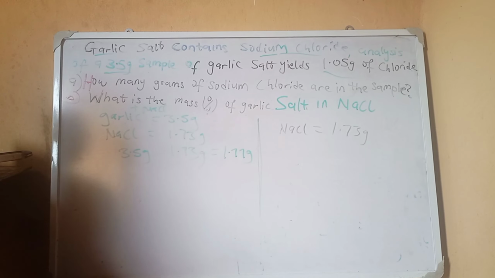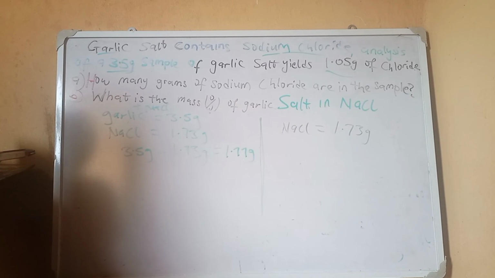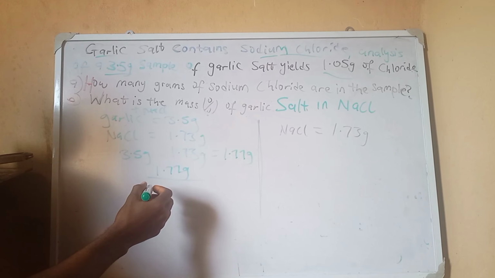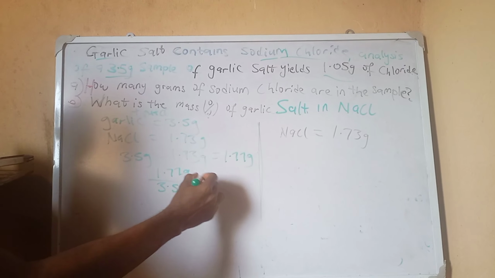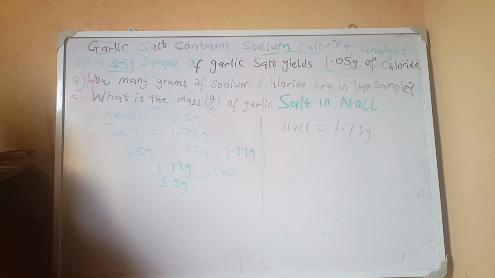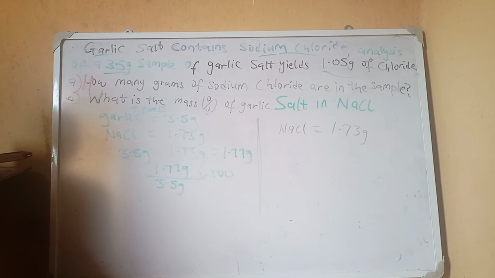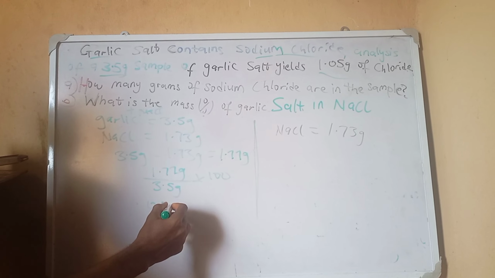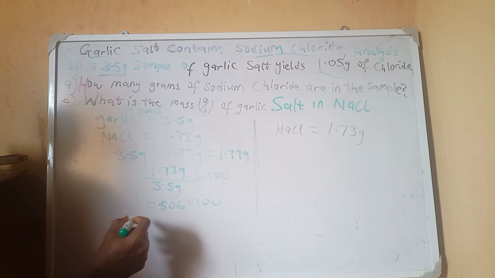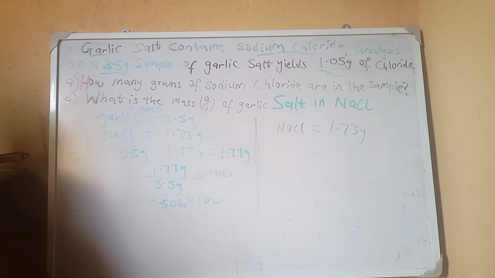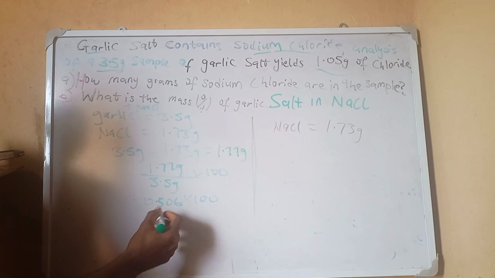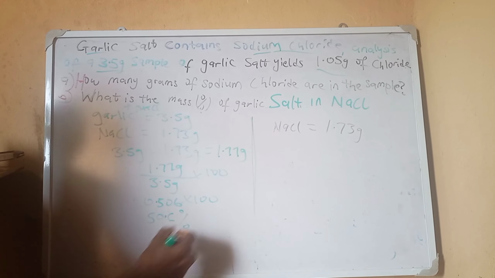The mass in percentage will be this mass of garlic over the total mass, times 100, and that will be 1.77 gram over the total mass, which is 3.5 gram, times 100. 1.77 gram divided by 3.5 will give us 0.506, times 100, and that will give us 50.6, approximately, 50.6% of garlic.